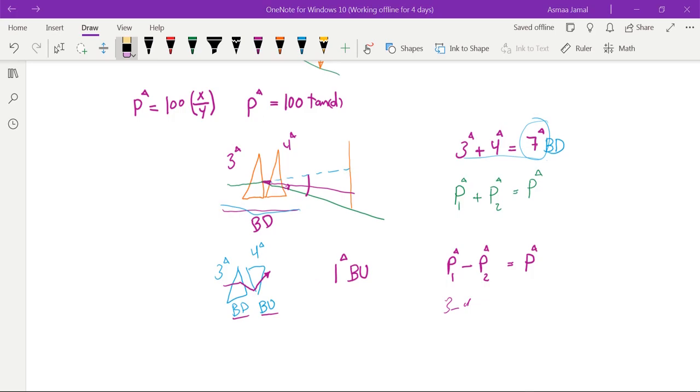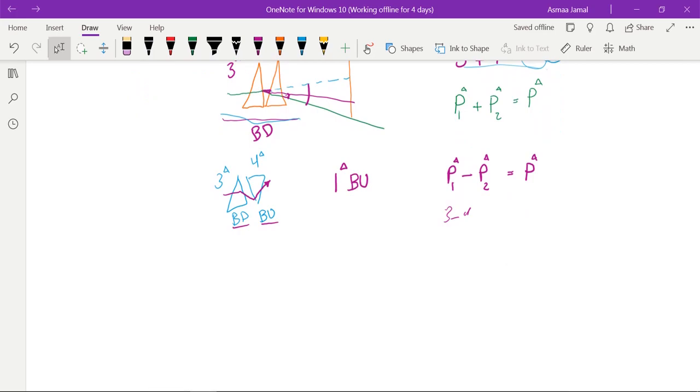The last case is when we have two prisms, but one is oriented vertically and the other one horizontally. So for example, let's say we have 3 prisms base in combined with 4 prisms base up. Base in, as we said horizontally, we determine by the nose. So this is the nose.